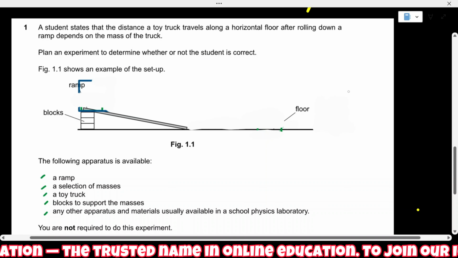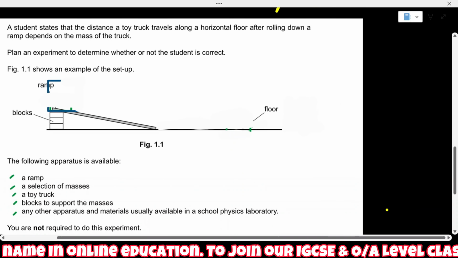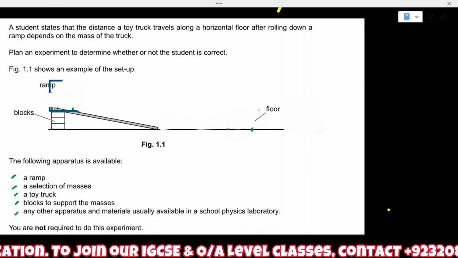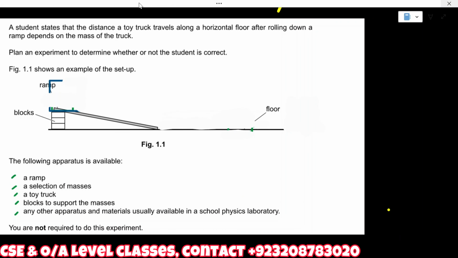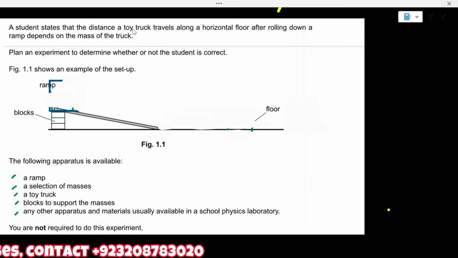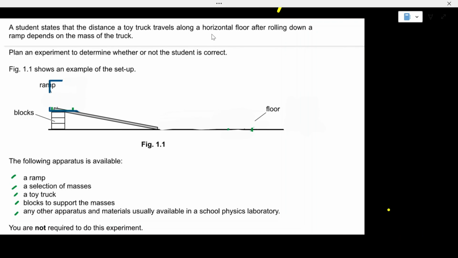So the distance, this horizontal distance, will be changed in consequence. This one, horizontal distance, will be changed as a result of different mass.